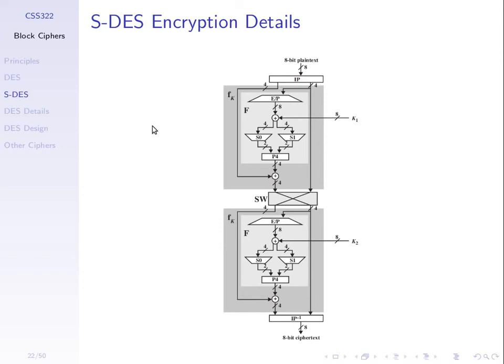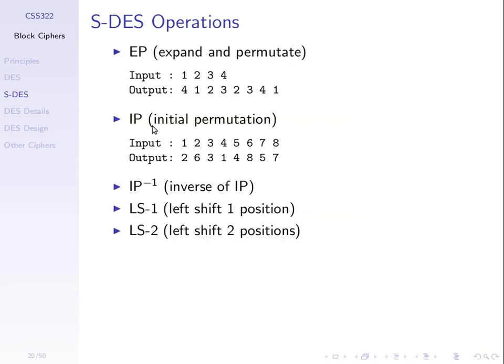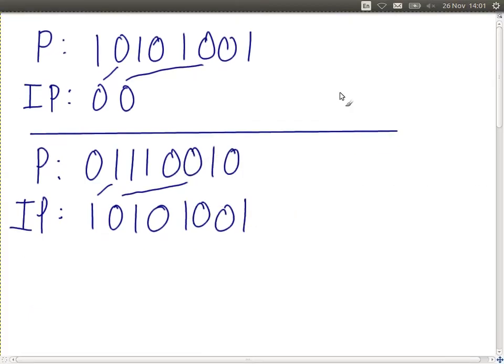And expand and permute is defined as this. 4 bits in, we're going to repeat those 4 bits and rearrange them as defined, so the first bit becomes the second bit and the 8th bit. The second bit on input becomes the third and the 5th bit on output, and so on. So we expand and permute only on the rightmost half.